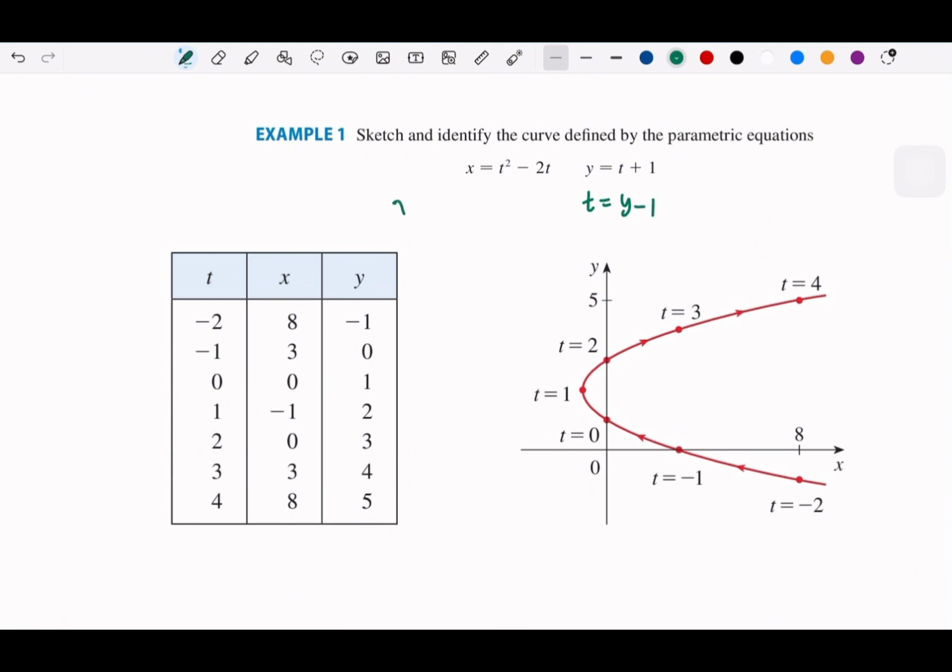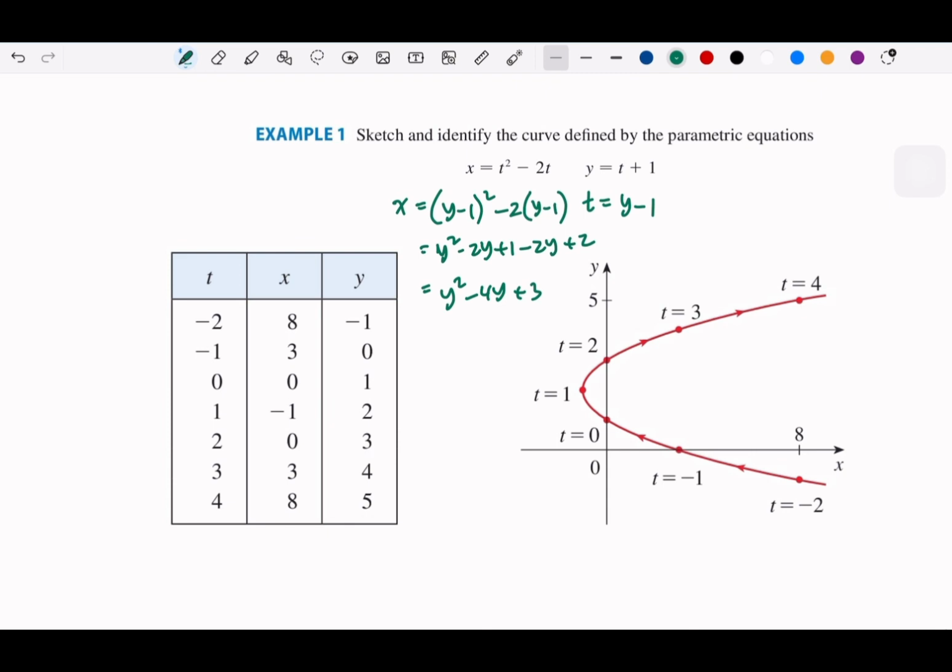So if we put it there and solve this, what will happen is we have a parabola in terms of y squared, which is this one.